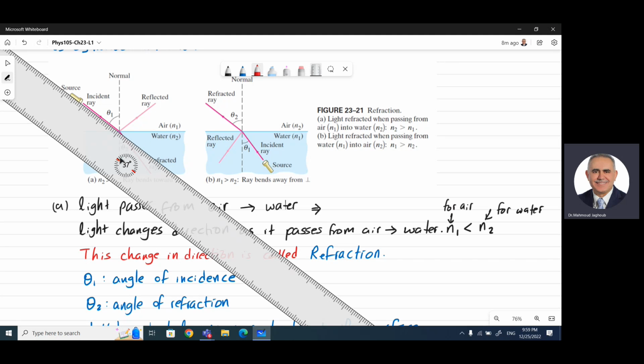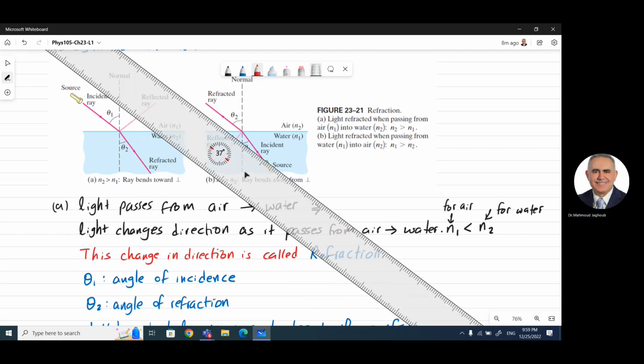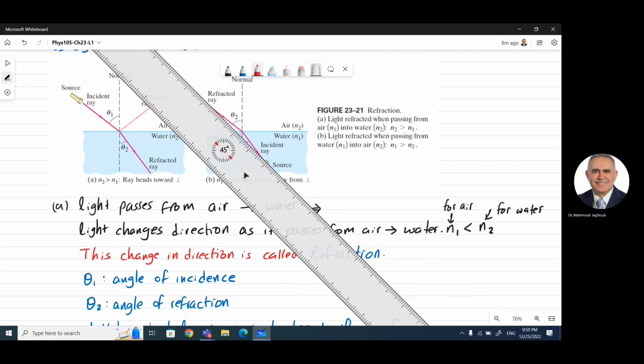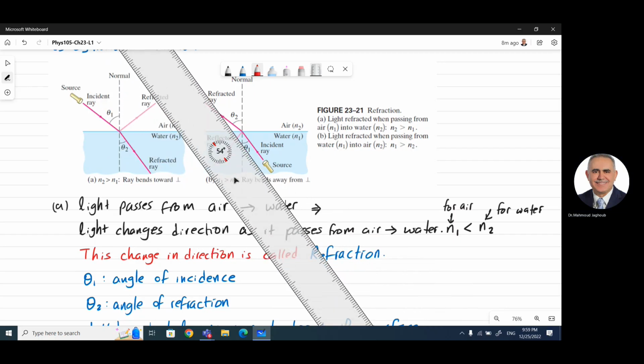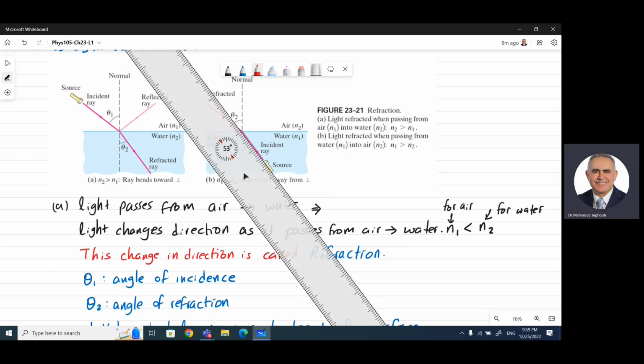It bends close to the normal. While in this case, look at this, light did not move along the same path. It bends. Did it bend close to the normal or away from the normal?